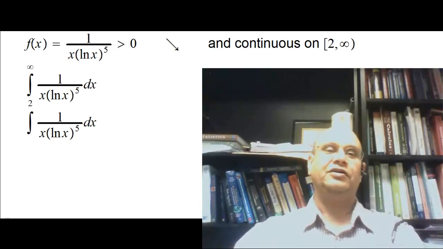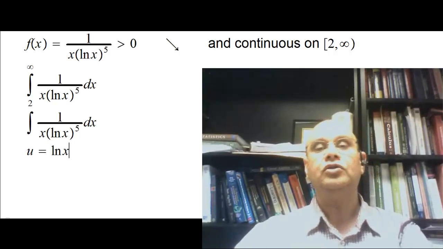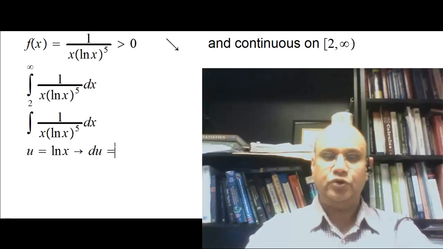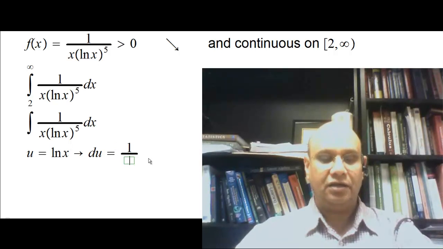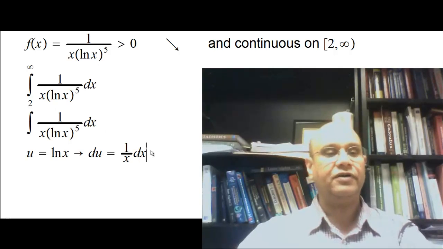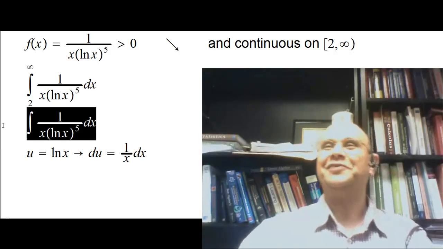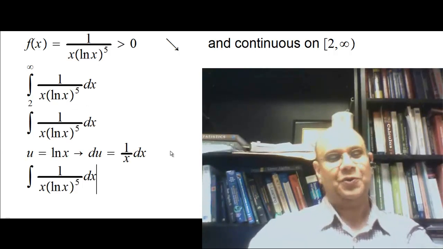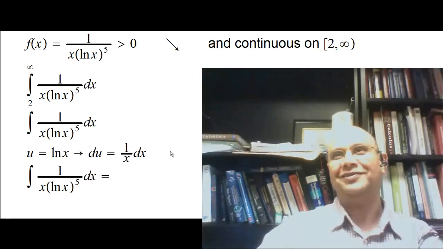Good, very good. So we'll use ln of x, right? So we got du as what? 1 over x dx. So this is taken care of, right? Good. See, it comes back. I mean, very fast. So, remember, we forgot the improper integrals, but it's coming back in no time, huh?